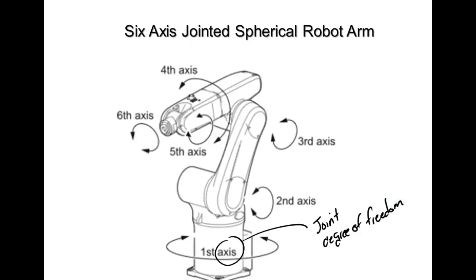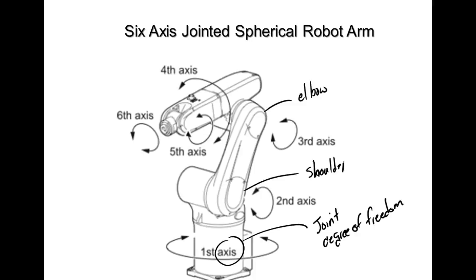So those three terms are used interchangeably. But a lot of times they'll call this axis right here the shoulder, and they'll call this guy here the elbow. And that's about it. The rest of them are actually used to orient the tool. We'll look at that in a minute.